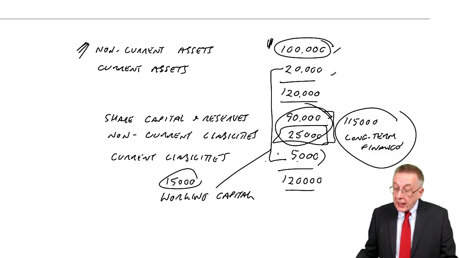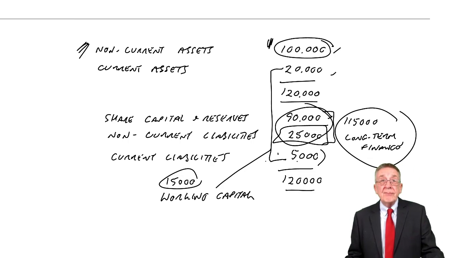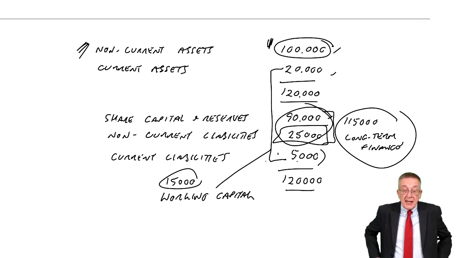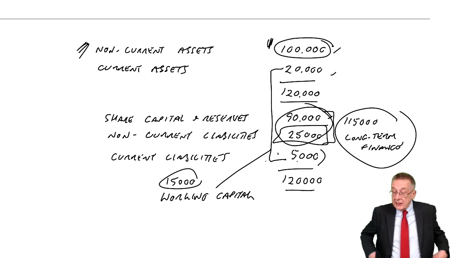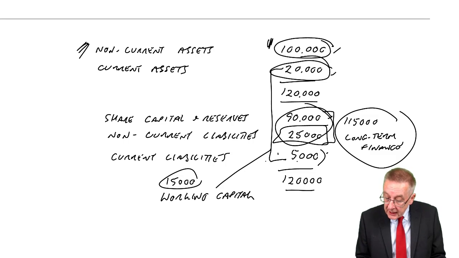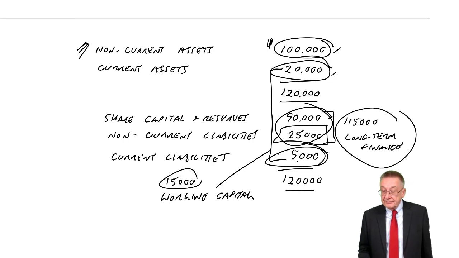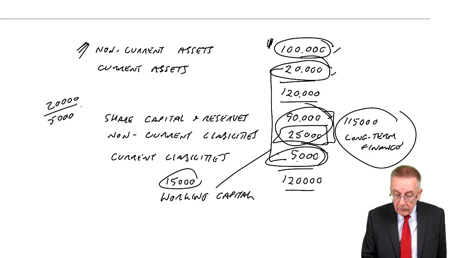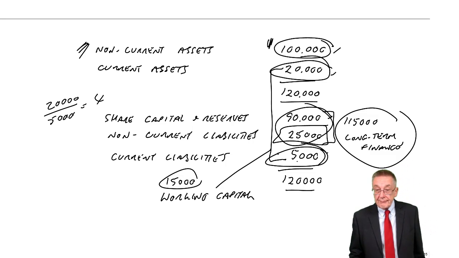So you've got there the current ratio, which again you really should be familiar with. That's the current assets divided by the current liabilities. In my little example here, current assets are 20, current liabilities are 5, and so the current ratio would be 20,000 over 5,000. It's 4.